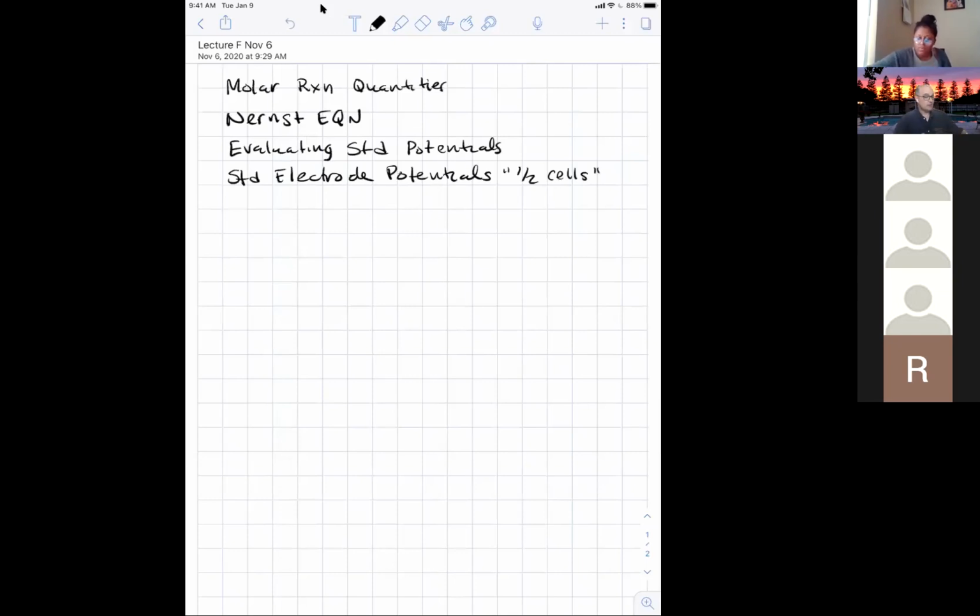And then we're going to do standard electrode potentials, in other words, half cells. Most of this is discussed pretty well, at least twice in your previous life in chemistry. And we're just going to add a little bit of rigor to that, but it should be very familiar.